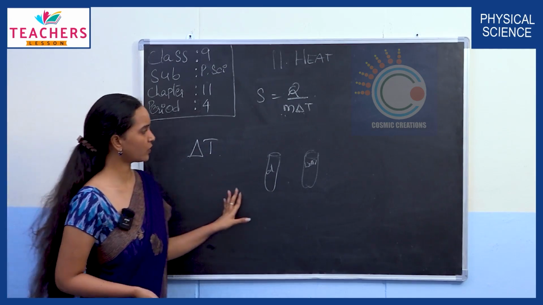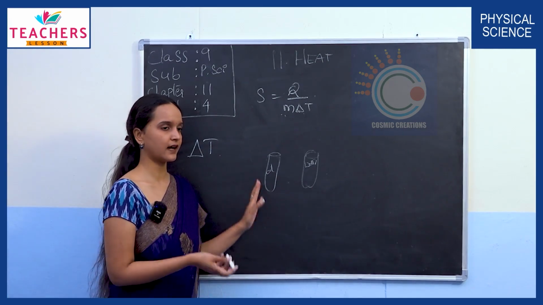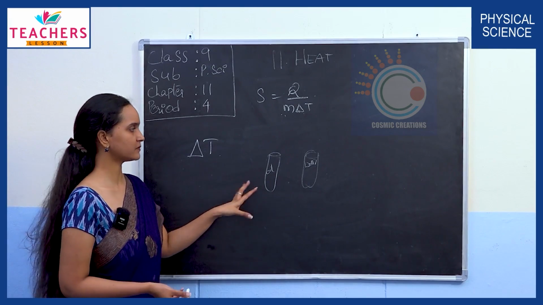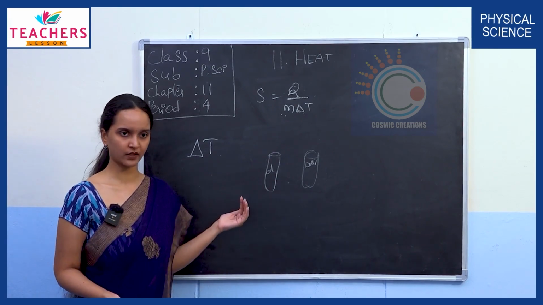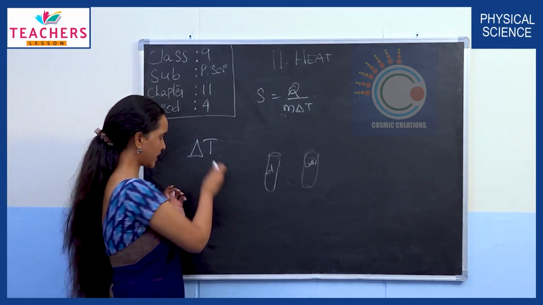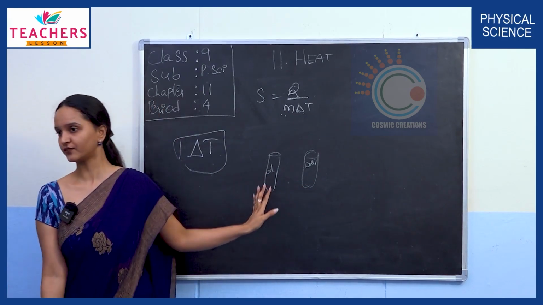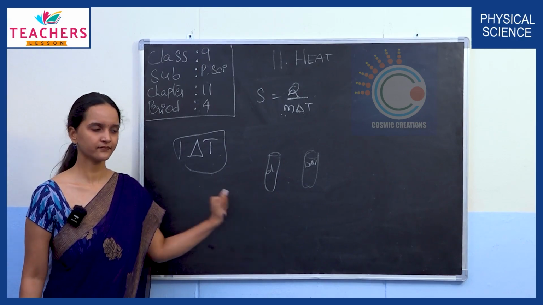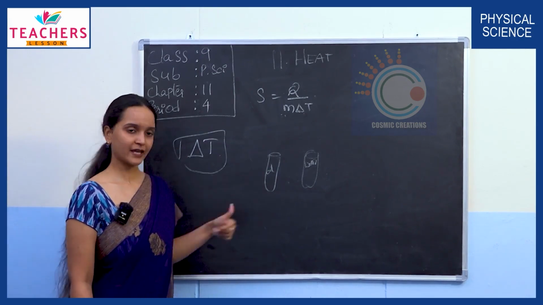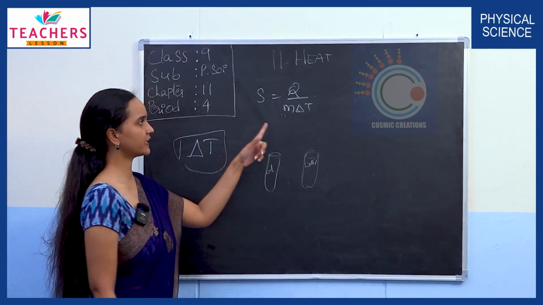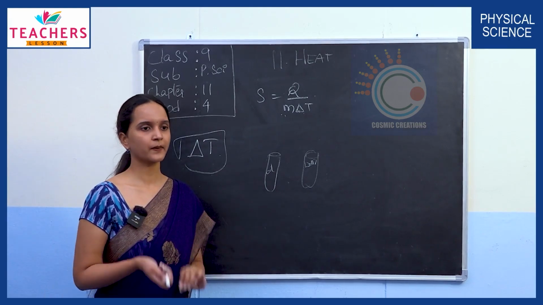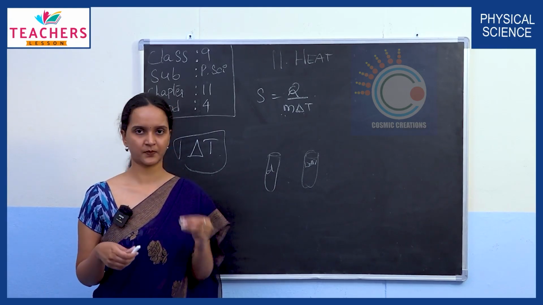So even though the conditions provided are the same, the oil gets much more heated when compared to water. So this change in the temperature is entirely dependent on the nature of the substance. Correct? Alright. The same way, the specific heat capacity also depends on the nature of the substance.